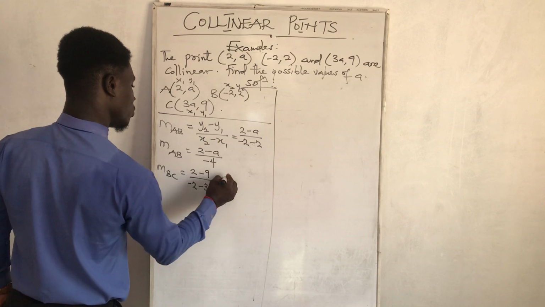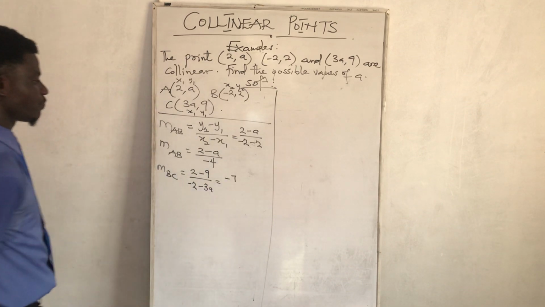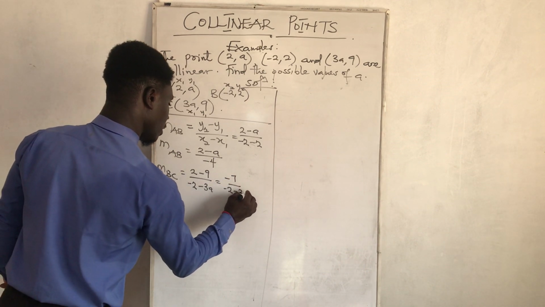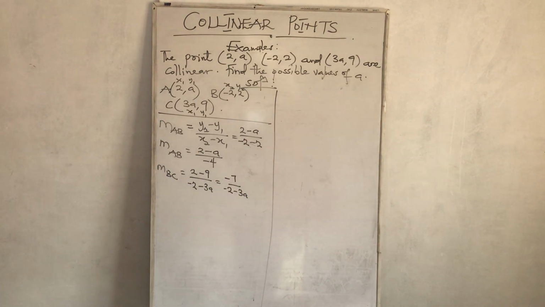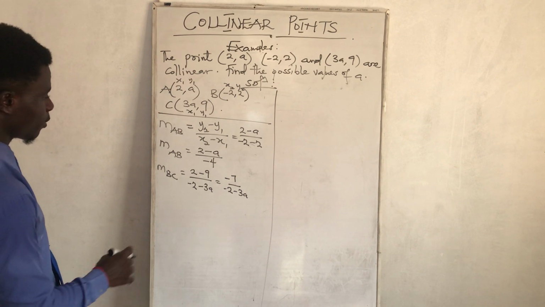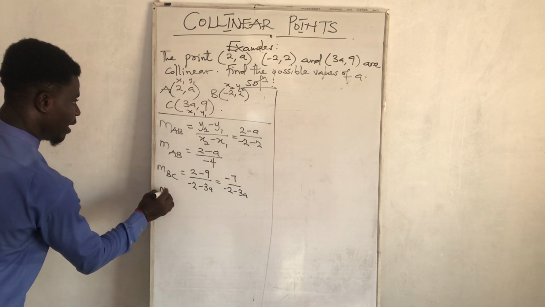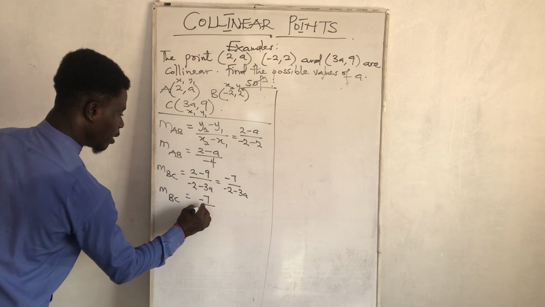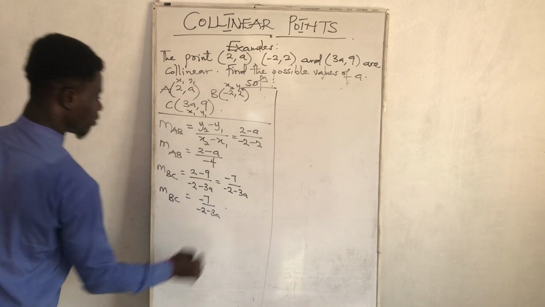So I have here negative 7, negative 7, all over negative 2 minus 3a. Right? Very, very simple. So we can move on. We can say that the gradient of BC is equal to negative 7 over negative 2 minus 3a.